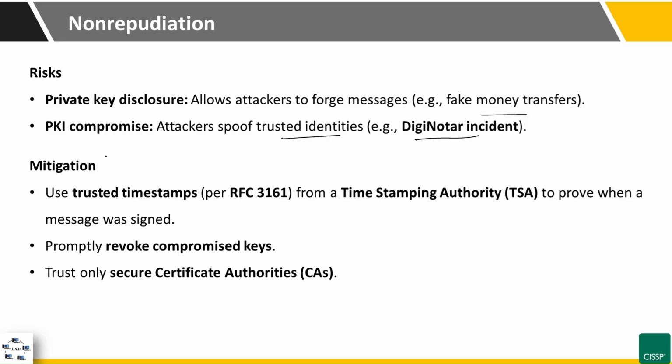So how to mitigate these risks? Use trusted timestamps as per RFC 3161 from a time stamping authority, that is TSA, to prove when a message was signed. Promptly revoke compromised keys and trust only secure certificate authorities or CAs.